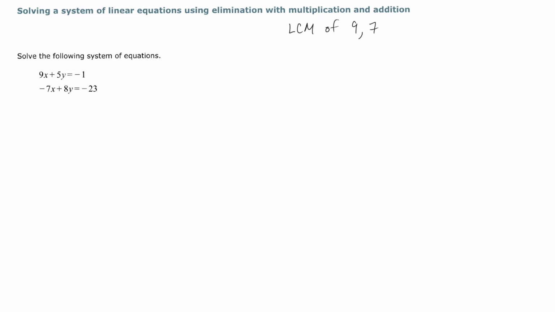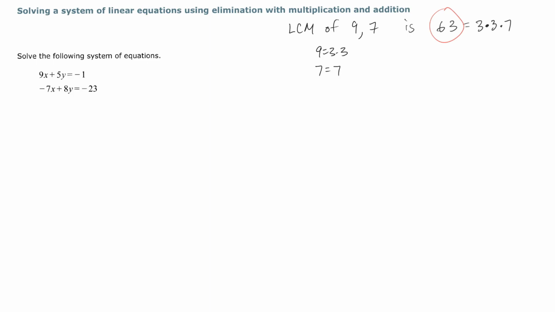Both of these are relatively prime, so in this case we can multiply them together to get 63. And notice 9 is simply 3 times 3, and 7 doesn't have any factors of 3. 7 is just 7. 7 is a prime number already. So if we multiply them together, we get the LCM, which is 63.